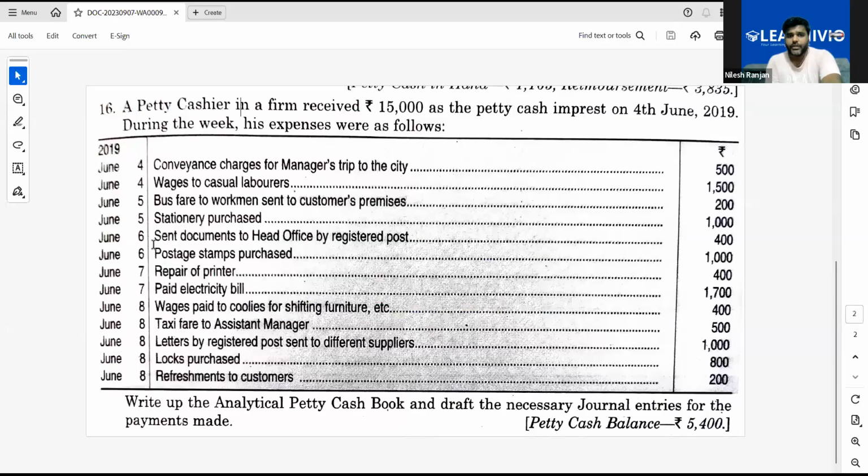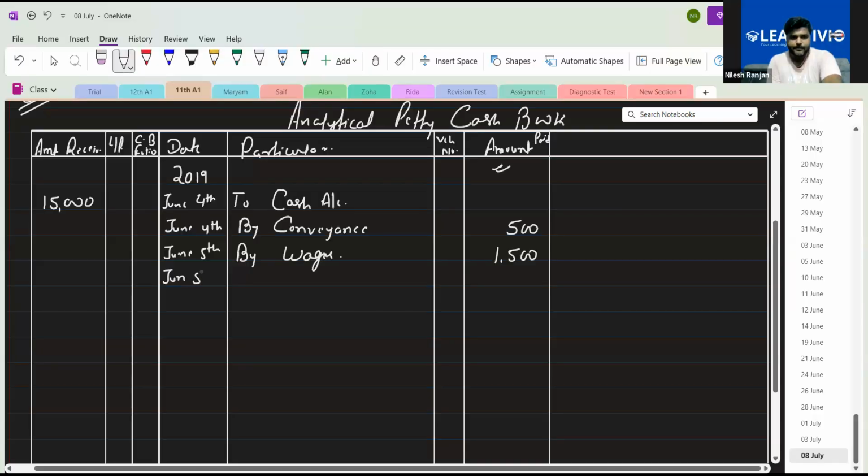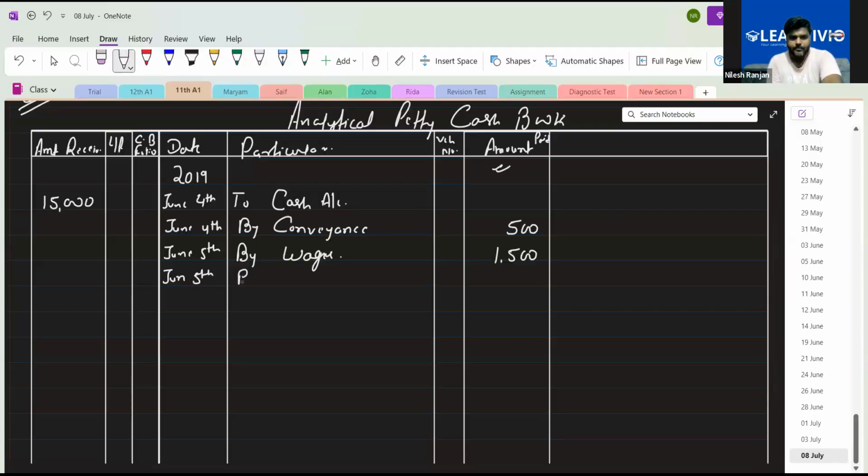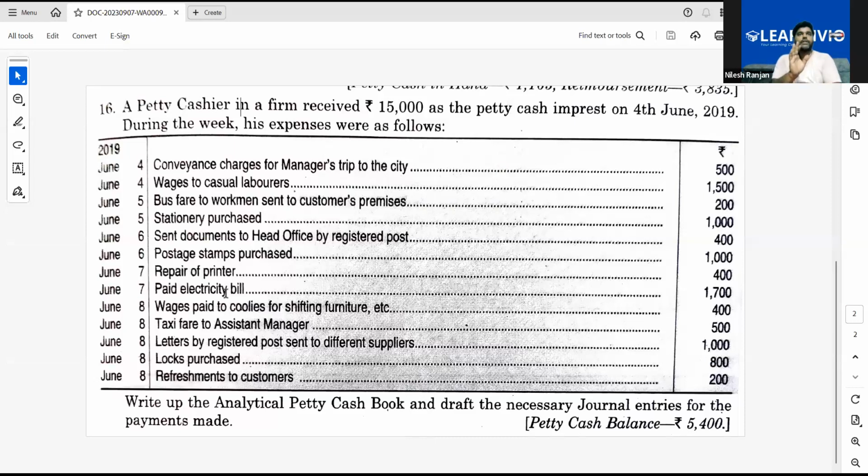Then bus fare to workmen sent to customer premises 200, June 5th. You can write traveling expenses or bus fare again. So bus fare is also part of conveyance, you can write here. So there are different categories in which sometimes courier charges and postage and stamps, these two are similar expenses. So they can be written with the same name.